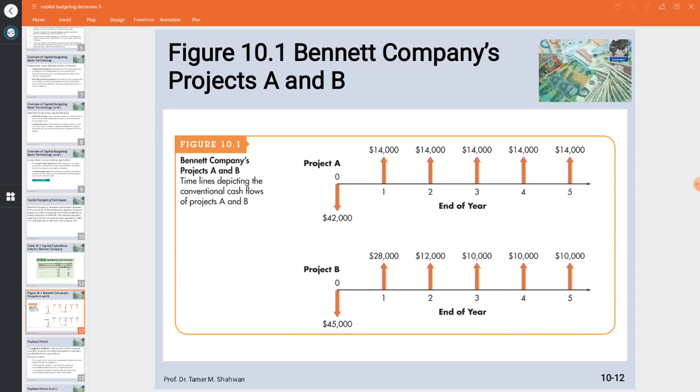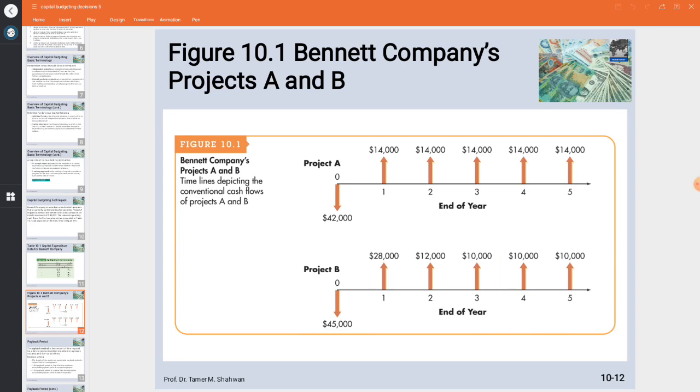The same situation applies to Project B, which we also figure out using the timeline. At time 0, our cash outflow is 45,000, and then we have cash inflows at the end of each year over the 5 years, as illustrated in this figure.